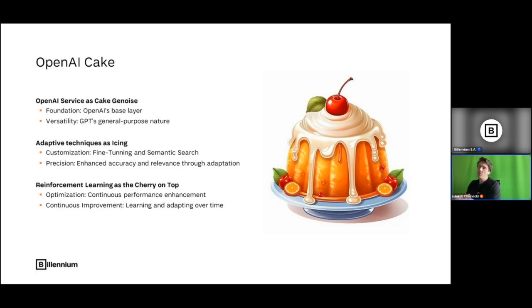So if at any point we would like to create a feedback loop for our system and describe whether the answer created by our system is correct or not, we could allow the system to continuously improve given this technology. And we'll go through all of this in a moment, and I will describe what those techniques are, what their relevance is, and when you would like to use one or another.